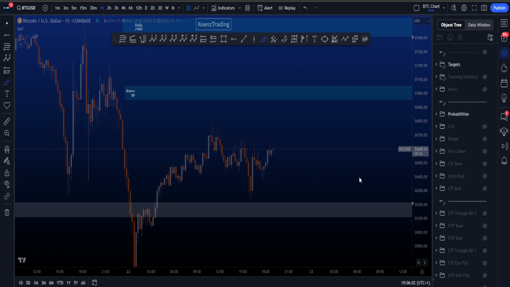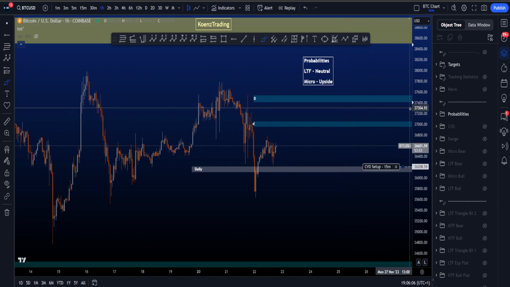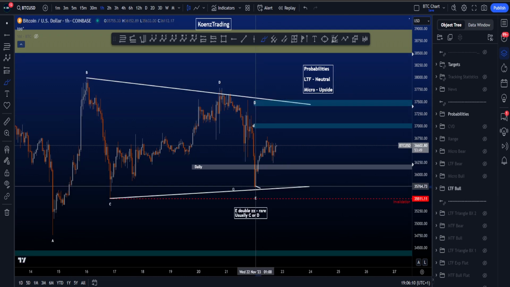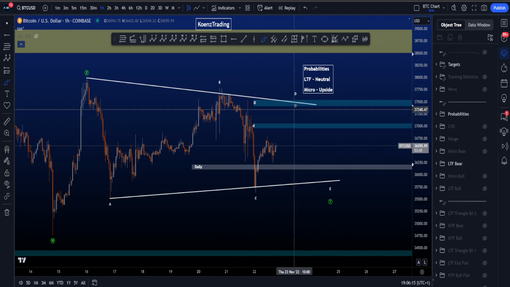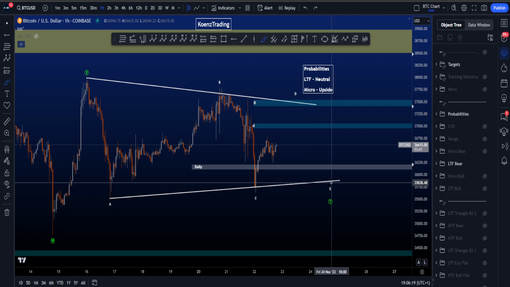If we then look at the probabilities of the different scenarios, then on the low time frame I wrote neutral, meaning between the bullish scenario, wave E already finished, looking for a continuation, or the bearish scenario where we're looking for a D and then an E to the downside, it is almost 50-50.